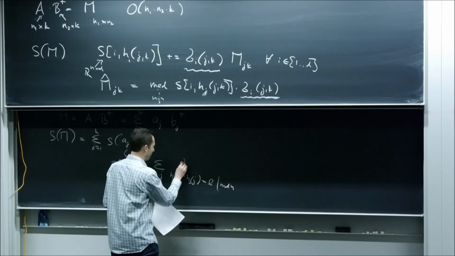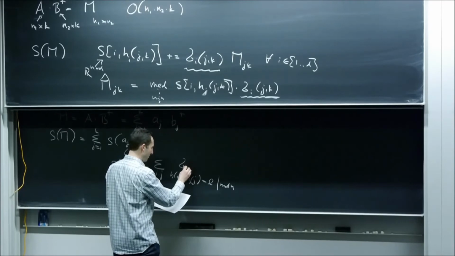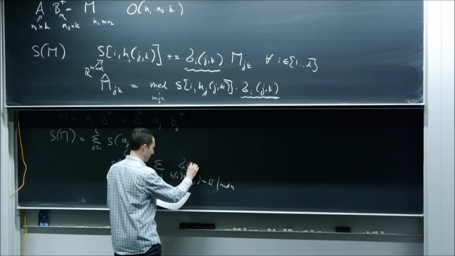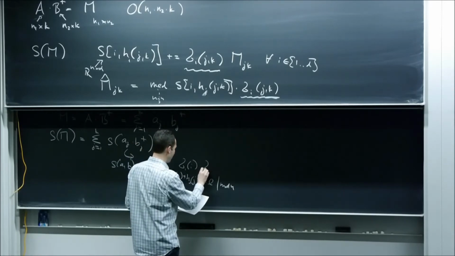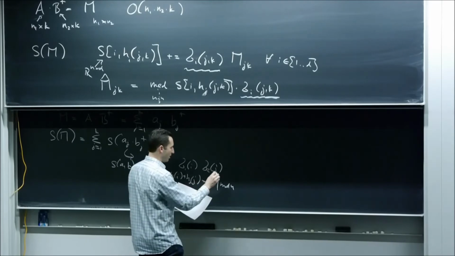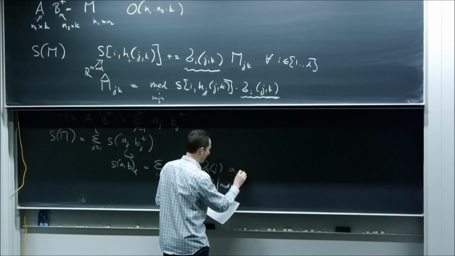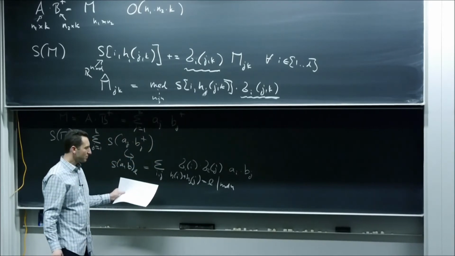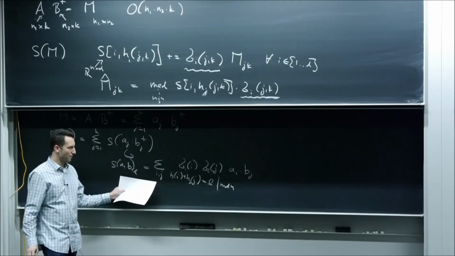And then we have sigma 1 of i times sigma 2 of j times A_i times b_j. Okay.